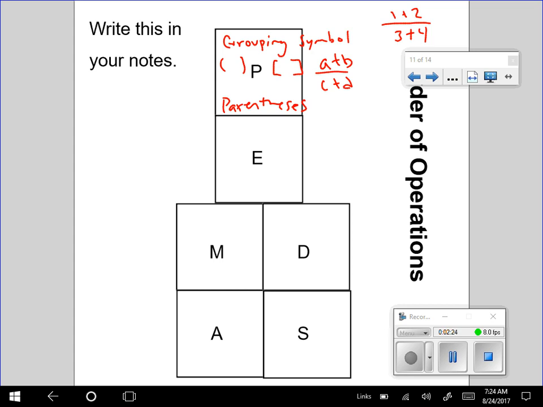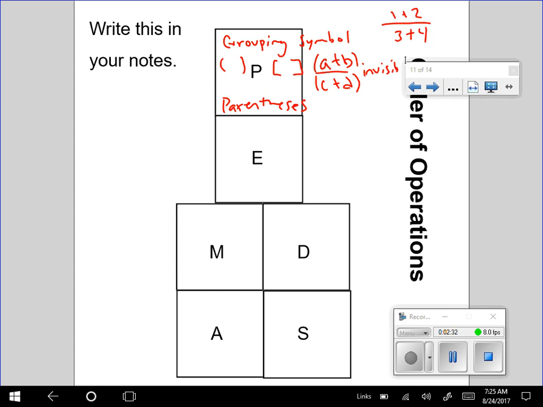Well, we have to assume that there are these invisible parentheses here. Why? Because we can't divide if we don't know what we're dividing by. We can't divide if we don't know what we're dividing into groups. So we need to add or subtract before we divide our fraction there. Hopefully that makes sense. If you have questions on that, please let me know.